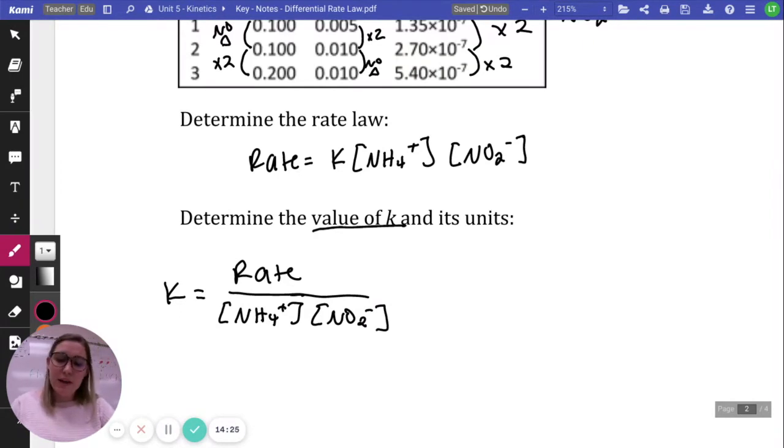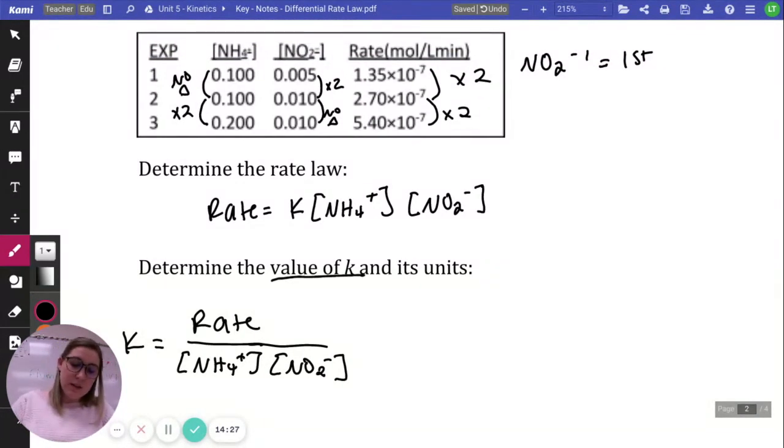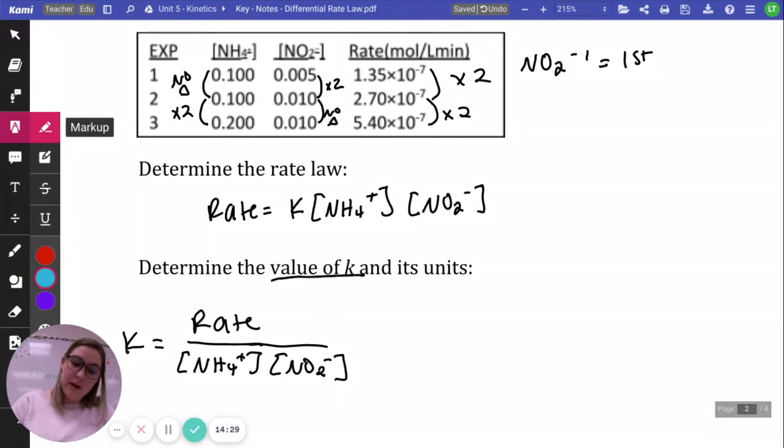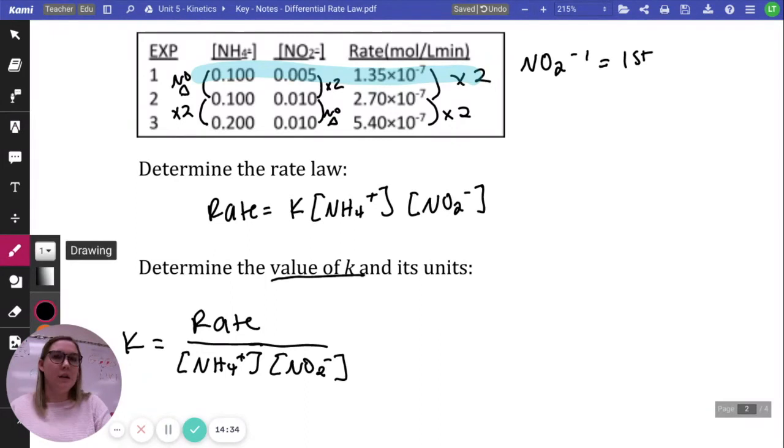So now I'm just going to pick any of my trials and plug them in. So I'm just going to plug in trial 1 since that's going to be probably the easiest one to do. I just always pick the first one. You can pick any of them and you should get the same answer though.